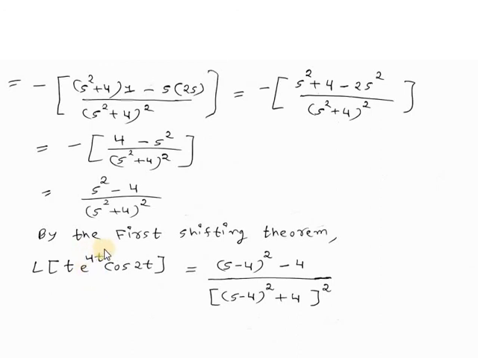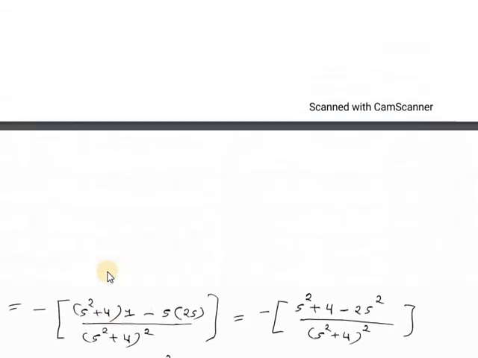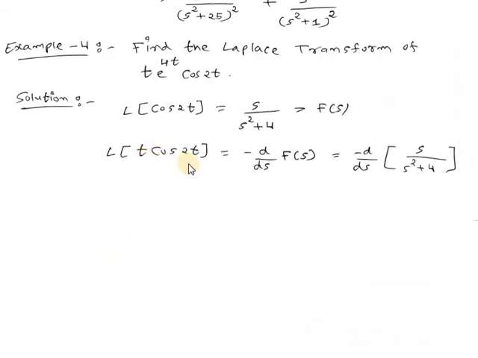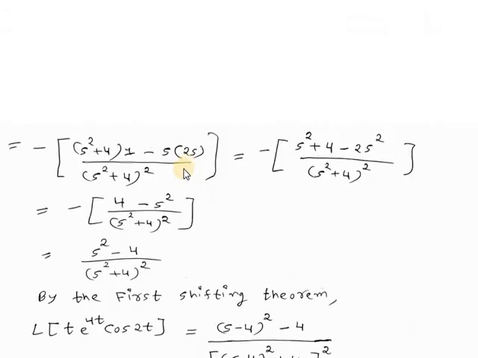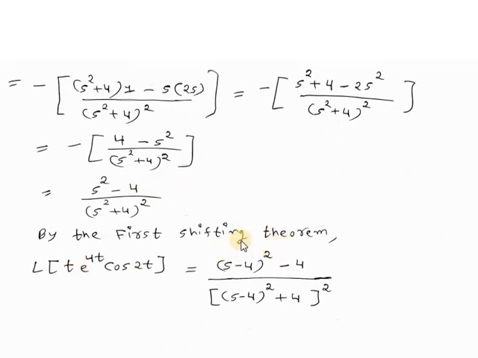So in this example, first we have used multiplication by t property, then we have used first shifting theorem. But you can also apply first shifting theorem then multiplication by t property. So this is our final answer.